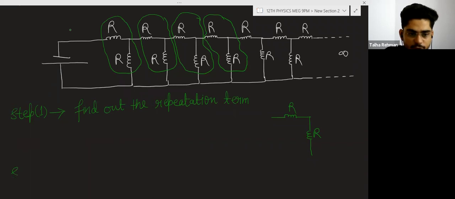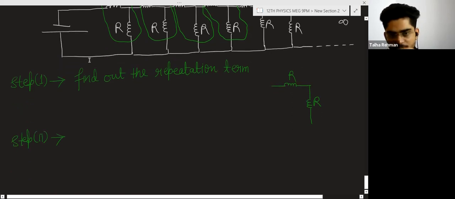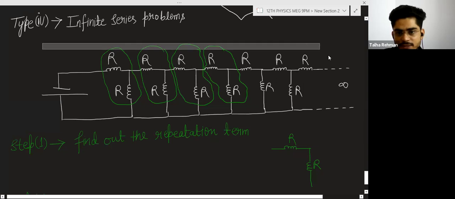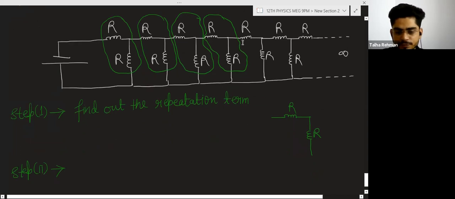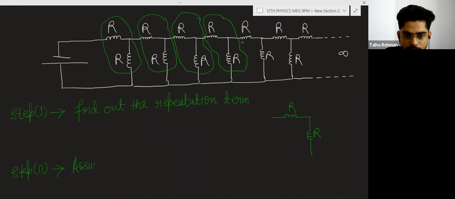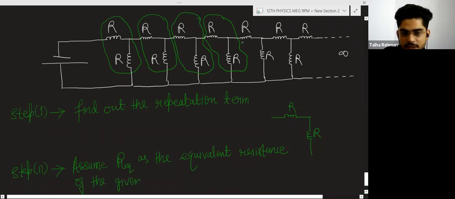In step 2, as you have been given this infinitely long circuit with resistances connected in repeated form, you will assume R equivalent as the equivalent resistance of the given circuit.